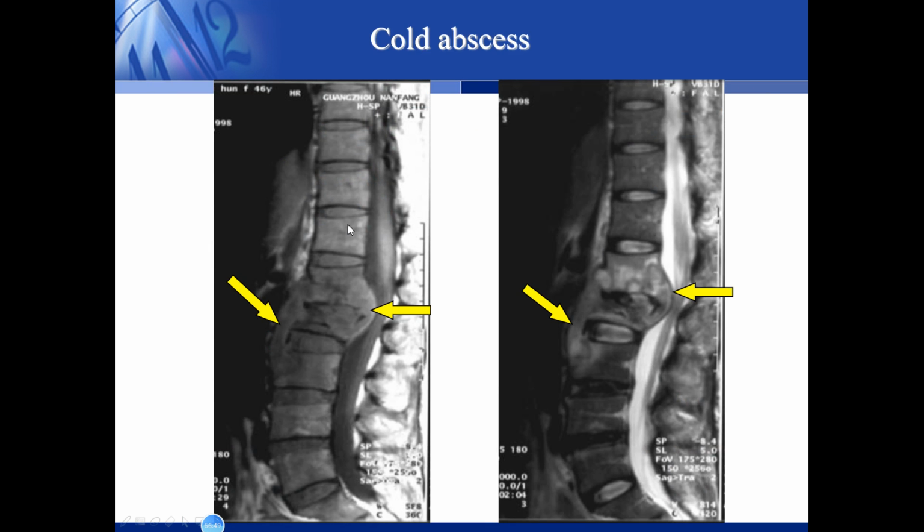And this is an MRI, and here is the T1 weighted image. This is the T2 weighted image, and we could find that here is the cold abscess.